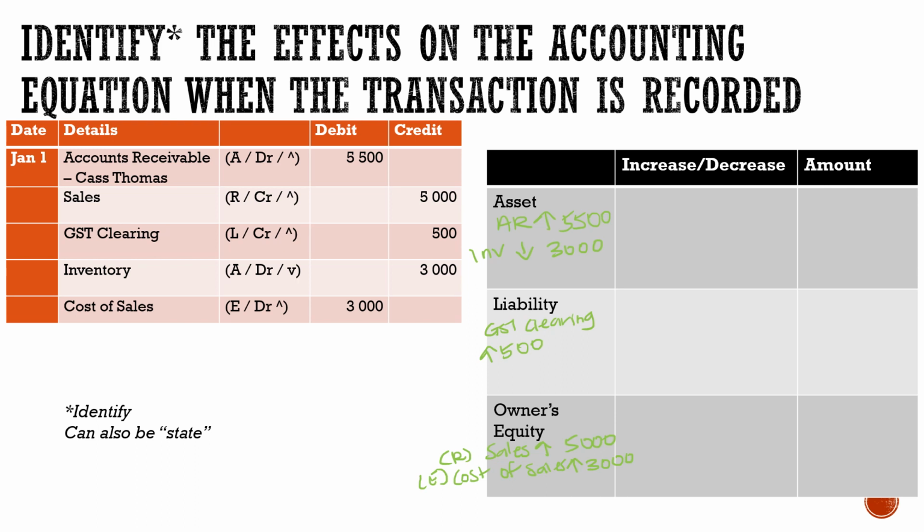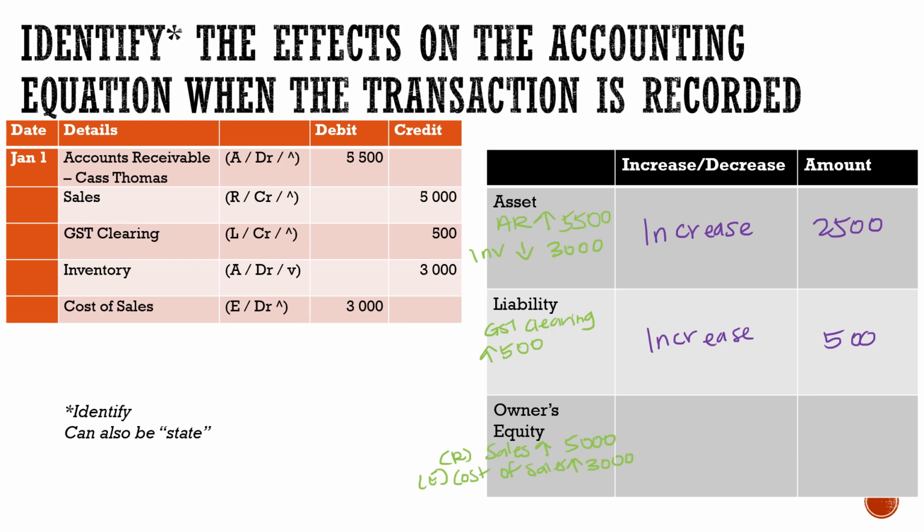But we won't stop there because we have to find out the overall net effect on each of these elements. So for asset, since there was an increase by $5,500 but also a decrease by $3,000, therefore, we have a net increase of $2,500. The liability is easy. There's only one effect there, and that's an increase of the liability by $500.